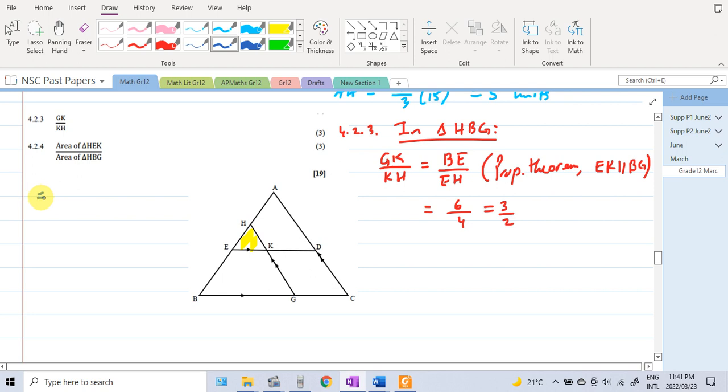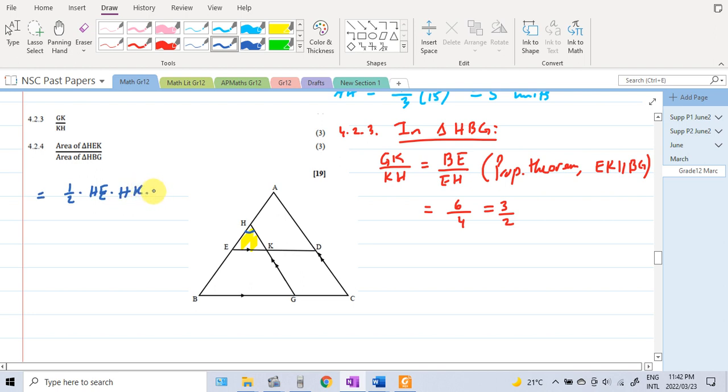Since we have a common angle here, we can say half for the top triangle, half HE times HK, using the sine rule.